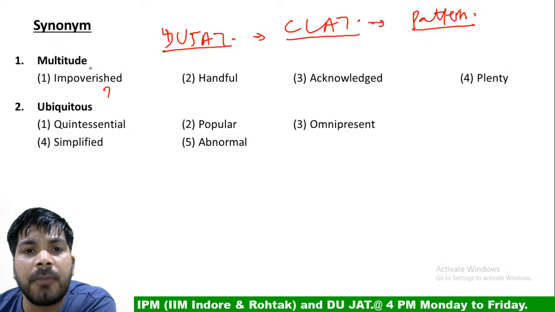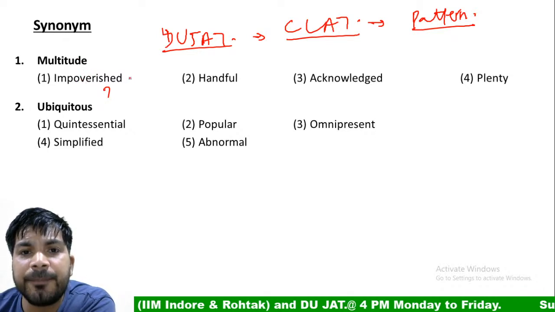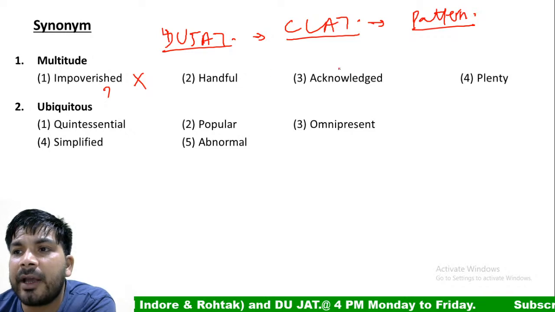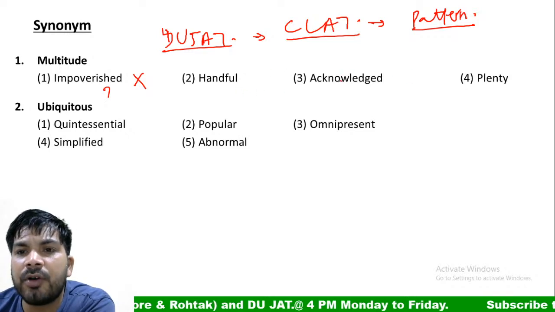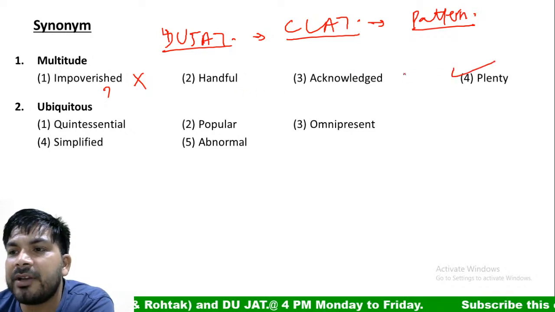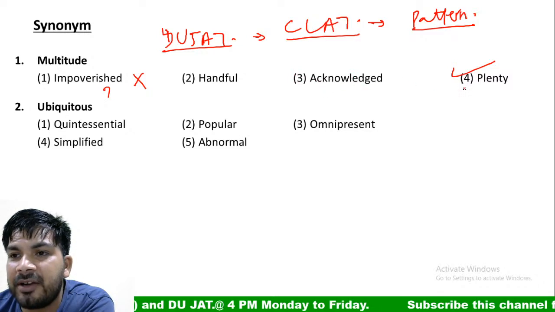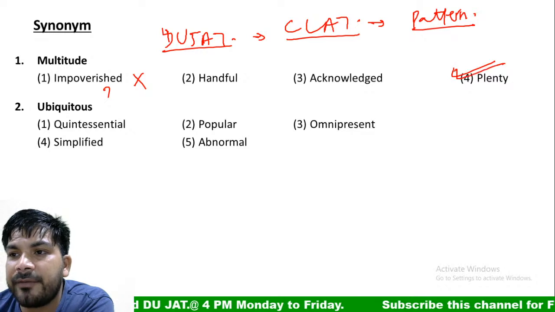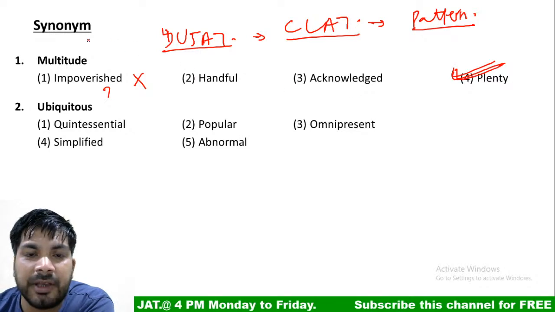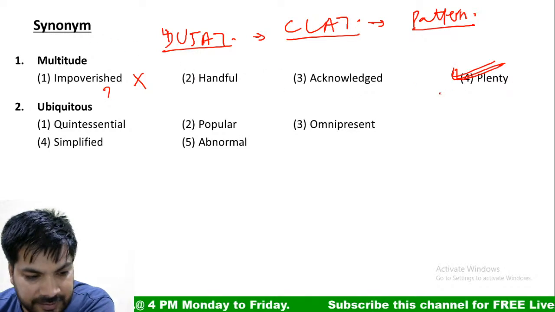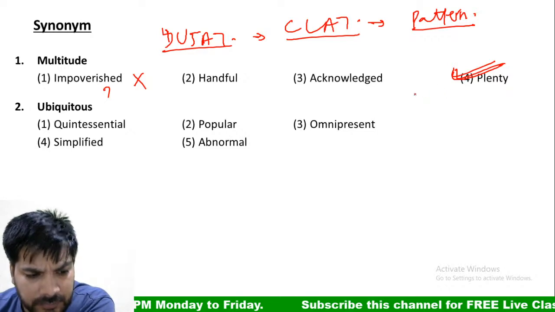What do you mean by multitude? Impoverished, handful, acknowledged, or plenty. I think multitude of something means plenty of something. So multitude of resources means plenty of resources. So I think the fourth is the right answer. That would be a synonym to multitude, that is plenty.